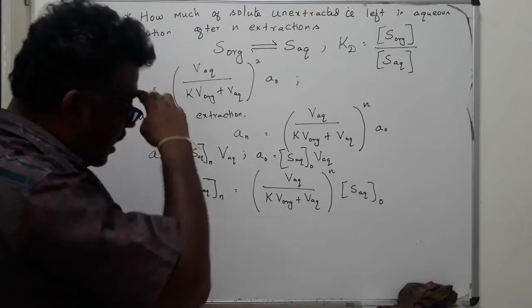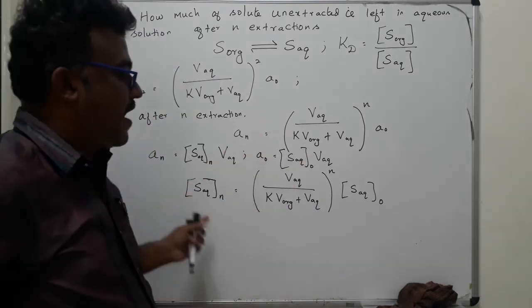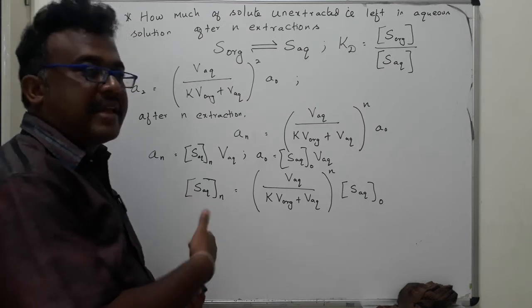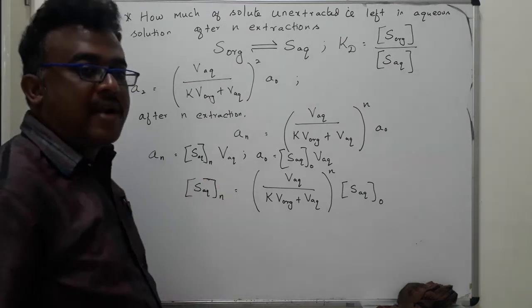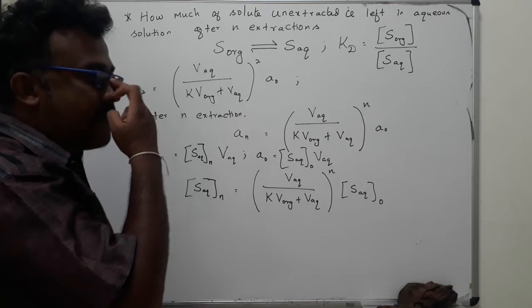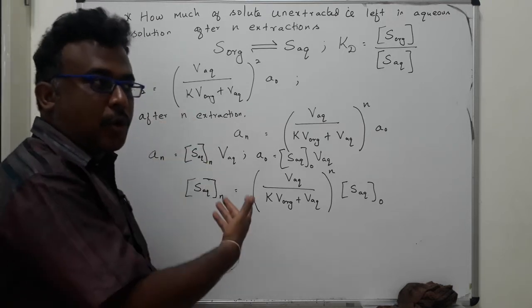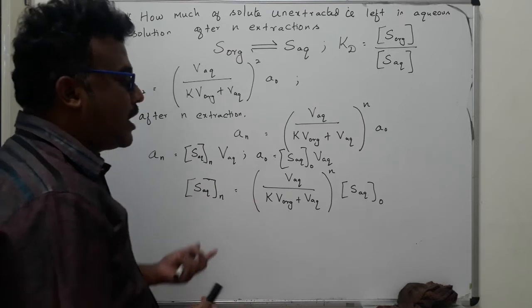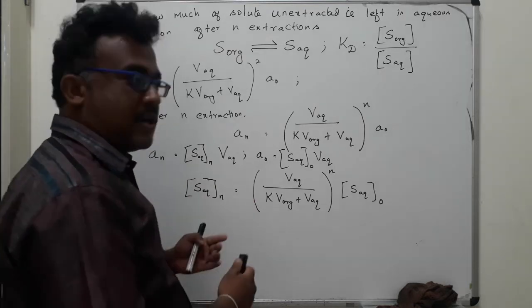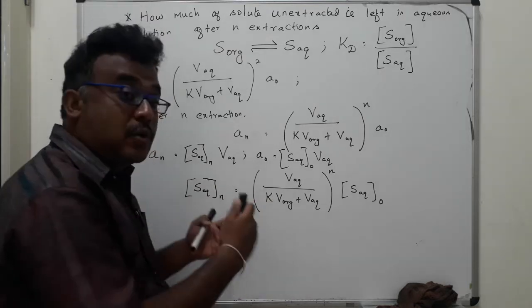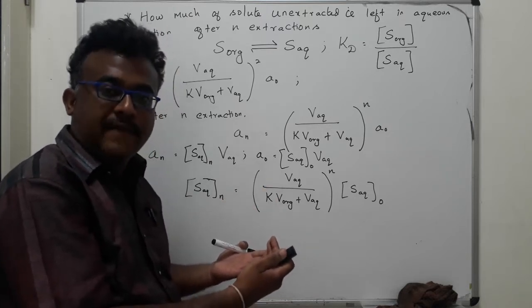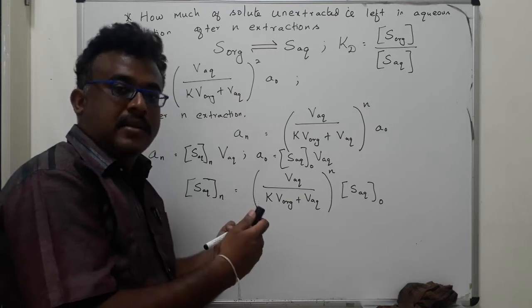Okay. So by making use of this equation, if you want to understand this more clearly, it can be done by solving a problem. Especially, I want to show how the number of extractions matters. For example, instead of using a larger volume of solvent, you can increase the number of extractions.